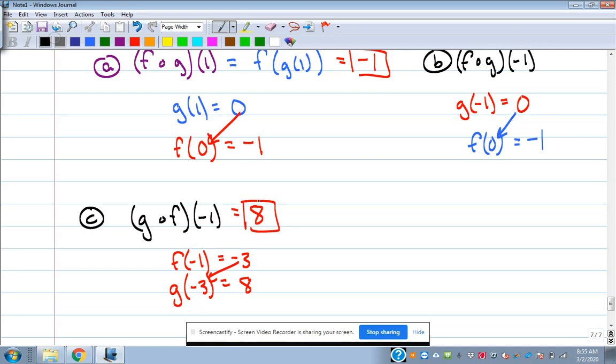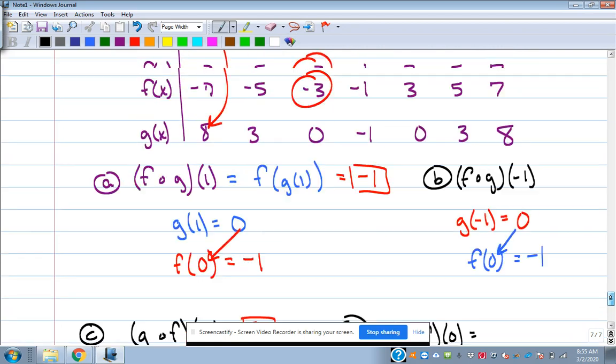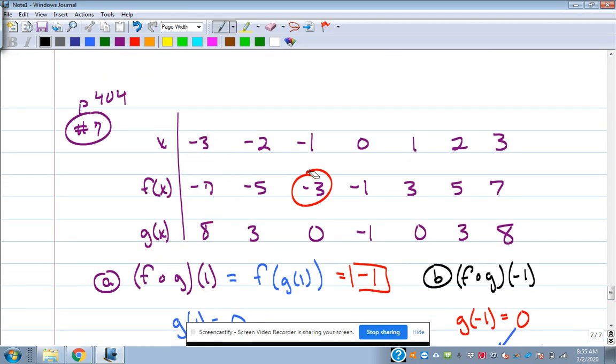Okay, let's go ahead and do D part. See if we can follow this one. g composed with f of 0. So we're going to go up here to our table, and the x value we're looking for is 0. So we find 0. It's right here, and it's g composed with f. So which one do we go into first? f.